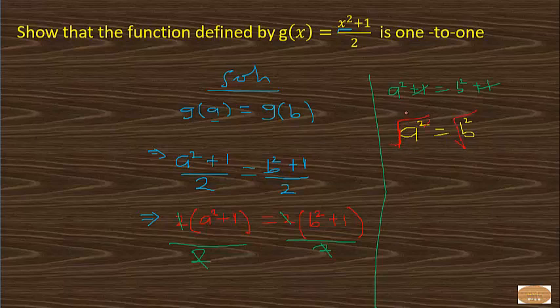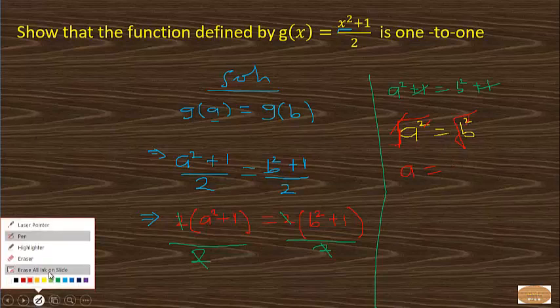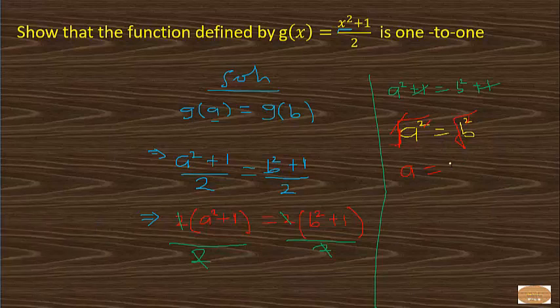So this will cancel this, and we're going to have a equals plus or minus b. So because of this, it ceases to be one-to-one, unless a condition has been given in the question. Otherwise this is not a one-to-one function.